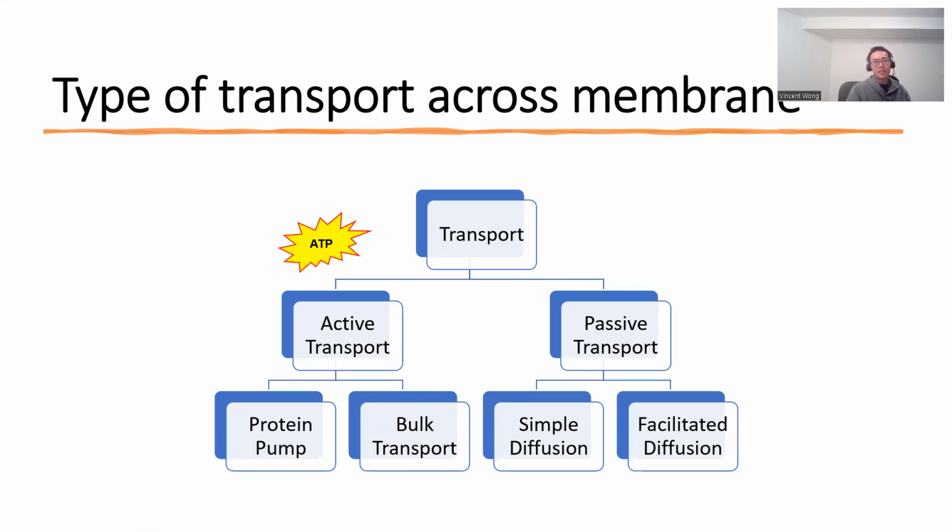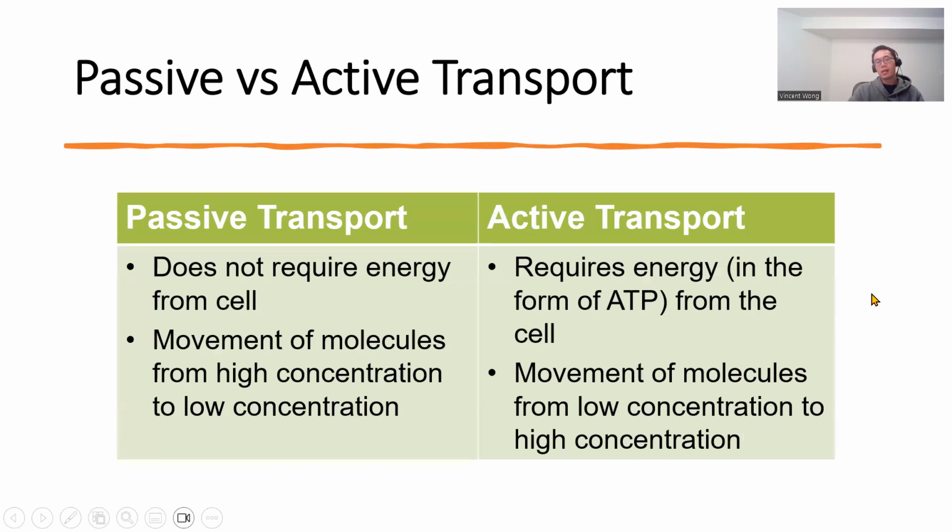Now that we have a basic understanding of diffusion and osmosis, we're going to switch gears and talk about the types of transport across the membrane. This is an overview of the different kinds of transport. We're going to redraw this later on, and you can come back to it to review. For the most part, transport is separated into passive transport and active transport.